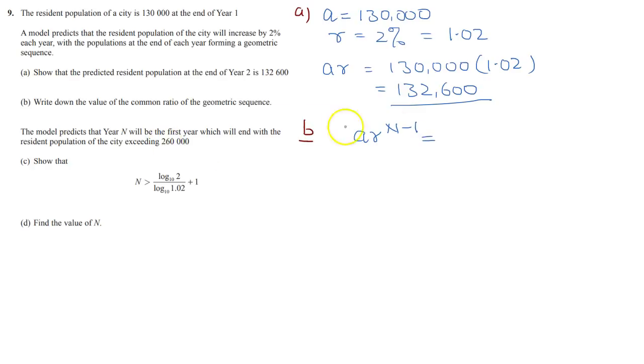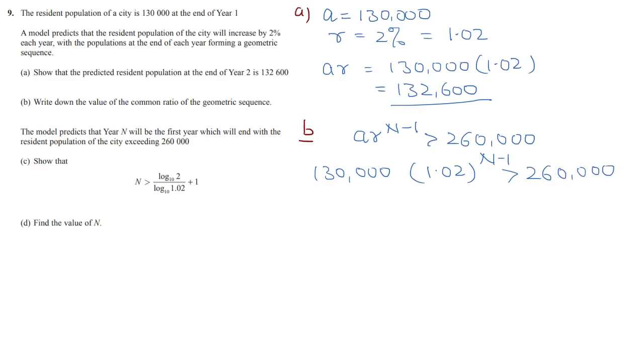It says it will exceed, not equal to, 260,000. So now A is 130,000, R is 1.02, and we don't know N. A R to the power N minus 1 is greater than 260,000.